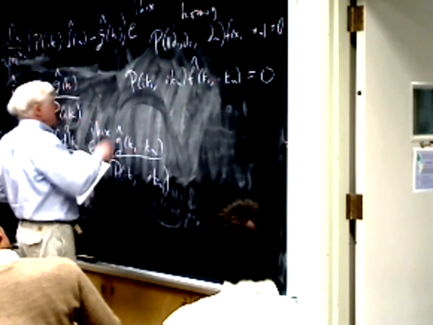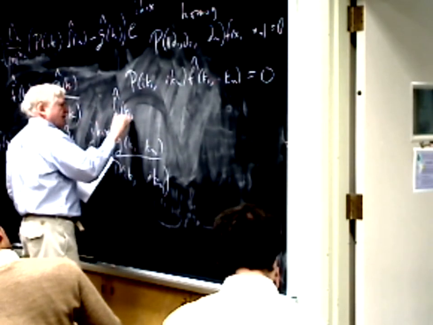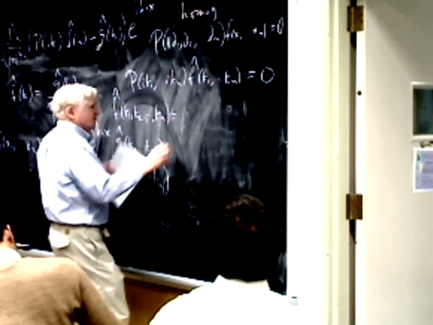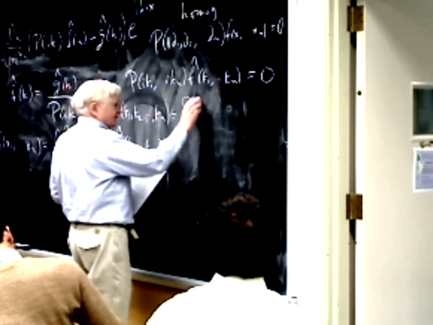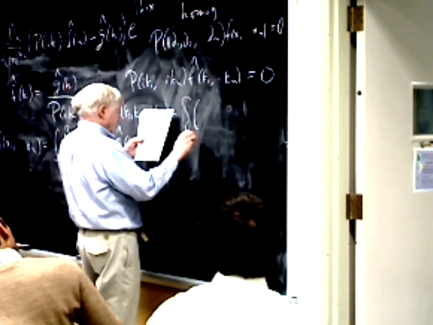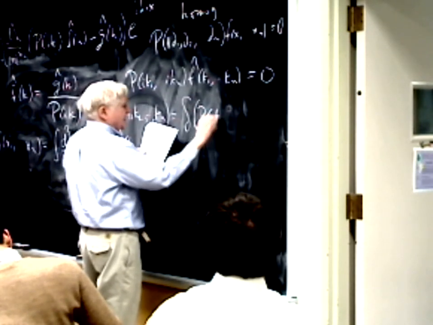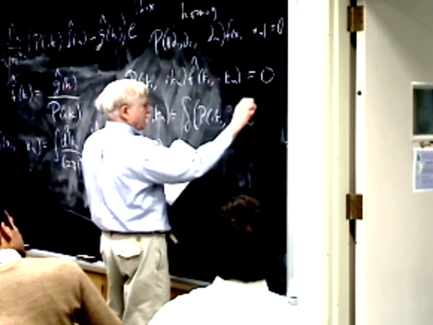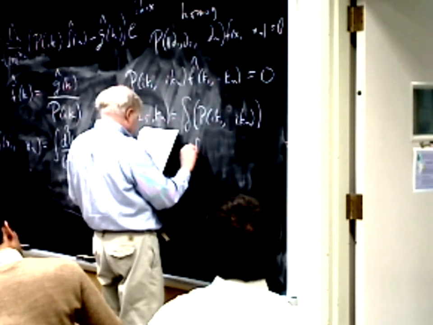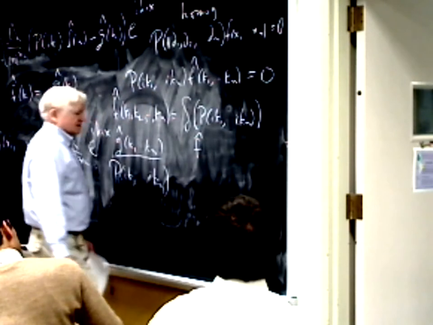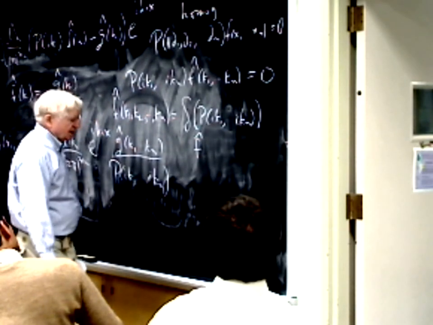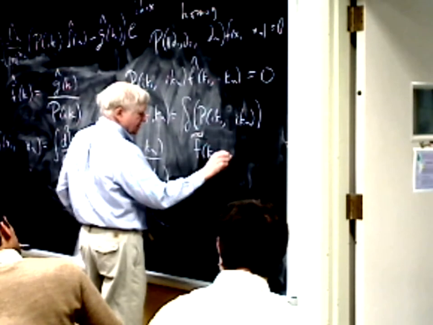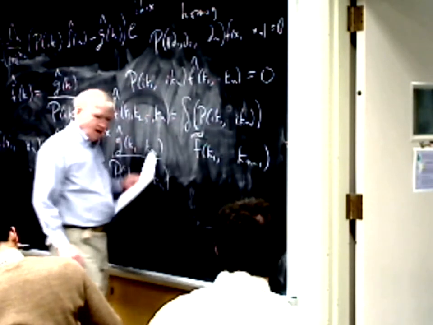No. In fact, what it means is that f hat of k1, k2, through kn is equal to a delta function of p of ik1 through ikn, times, I don't know, I need a better notation here, maybe I should call this f tilde of k1 through kn minus 1. In other words, one fewer variable.